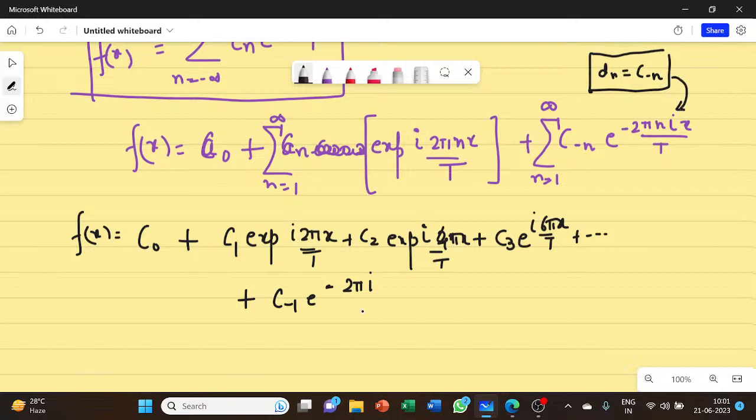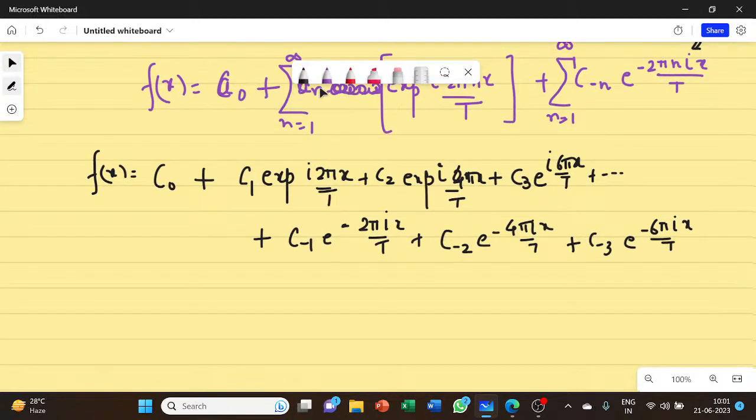Now this will give you e to the power minus iota 2 pi x upon T, then c minus 2 e to the power minus 4 pi iota x upon T, and then c minus 3 e to the power minus 6 pi iota x upon T. Now what you can do is, instead of writing this time and again, it is equivalent to writing summation n equals 1 to infinity of c minus n e to the power 2 pi iota n x upon T.